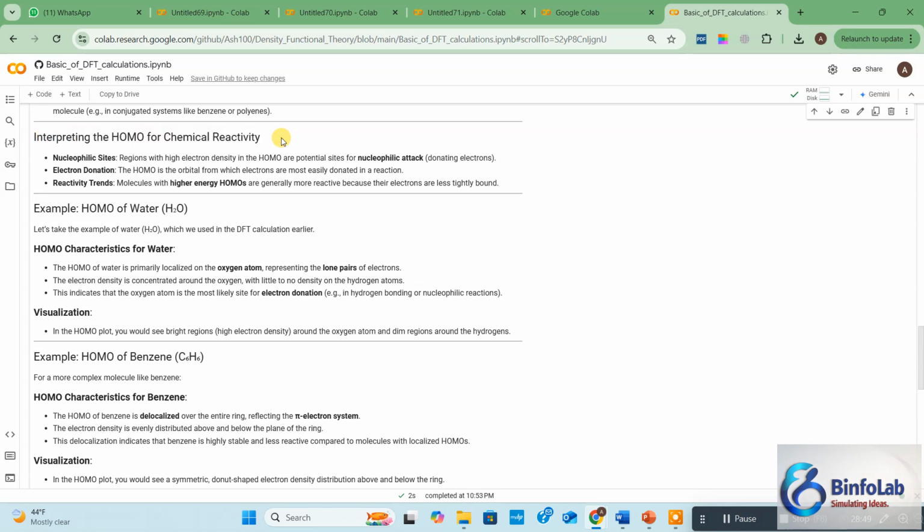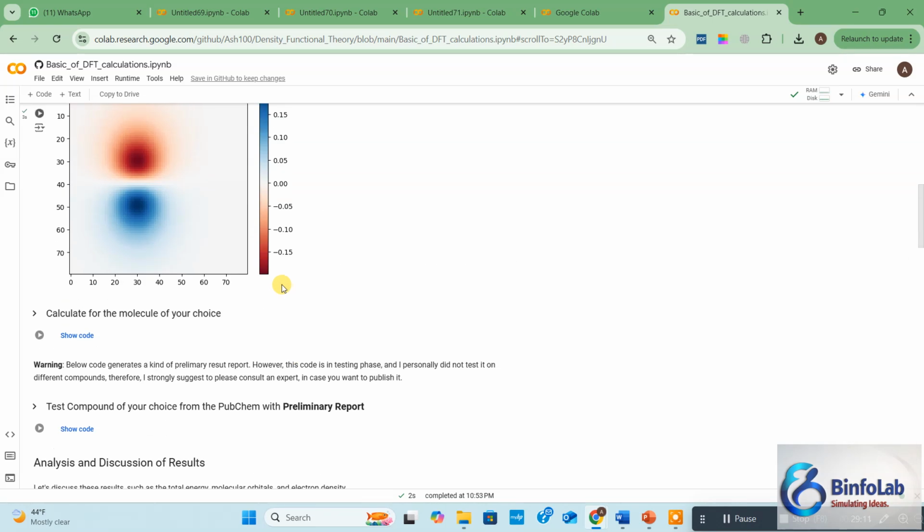So how will you interpret the HOMO graph, like whether the chemical reactions are taking place or not. Regions with high electron density in the HOMO are potential sites for nucleophilic attack. It means they will donate electrons. If the density is higher, like these lone pairs of the oxygen, you can see the density is higher.